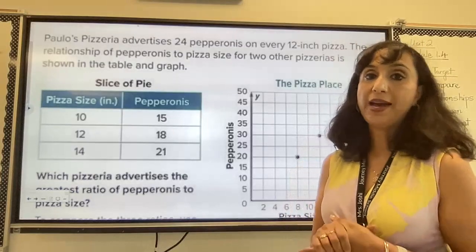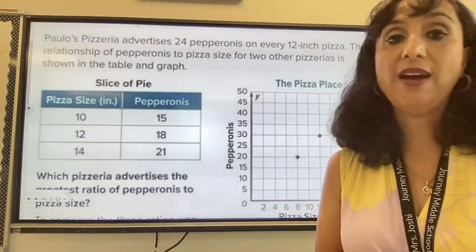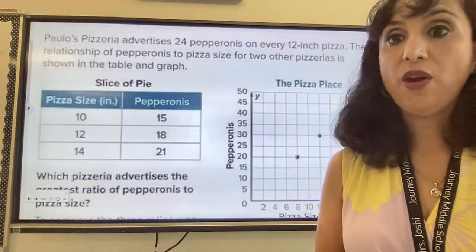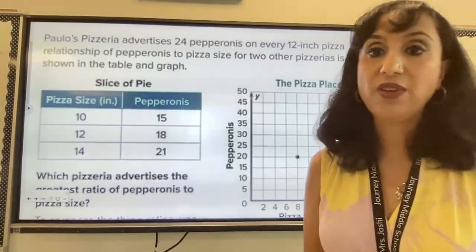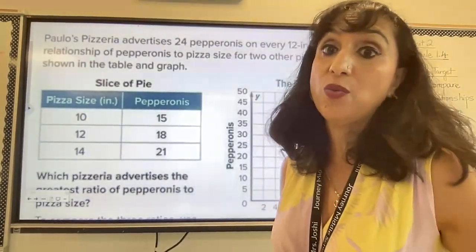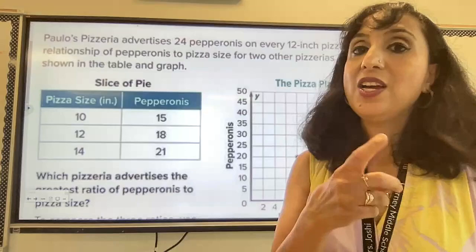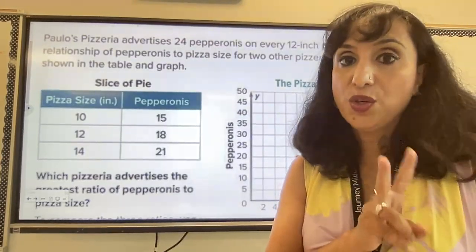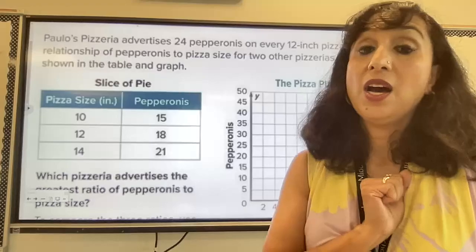The slice of pie. You have 15 pepperoni on 10. So if I think of unit rate, how much on 1? It's 15 divided by 10, and I know I'm going to get 1 5/10, right? Which is less than 24 divided by 12, which I had done earlier. So I got 2 pepperoni per inch over there. Here I have 1 5/10 per inch.